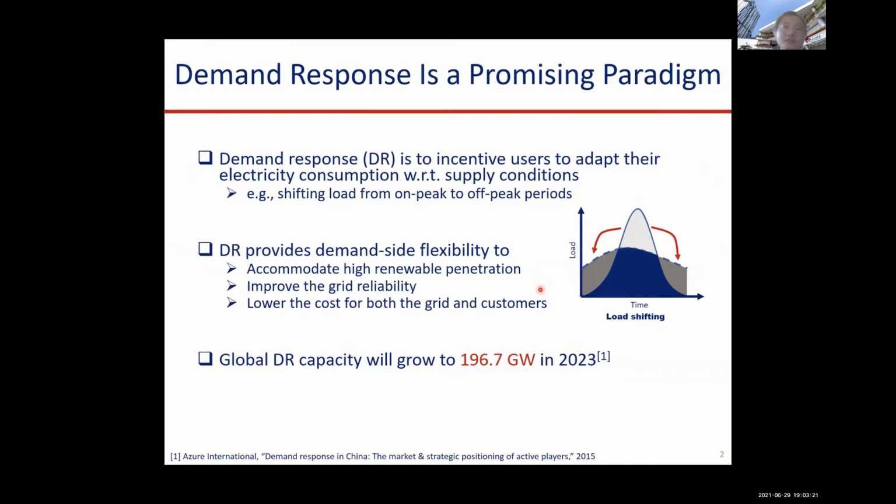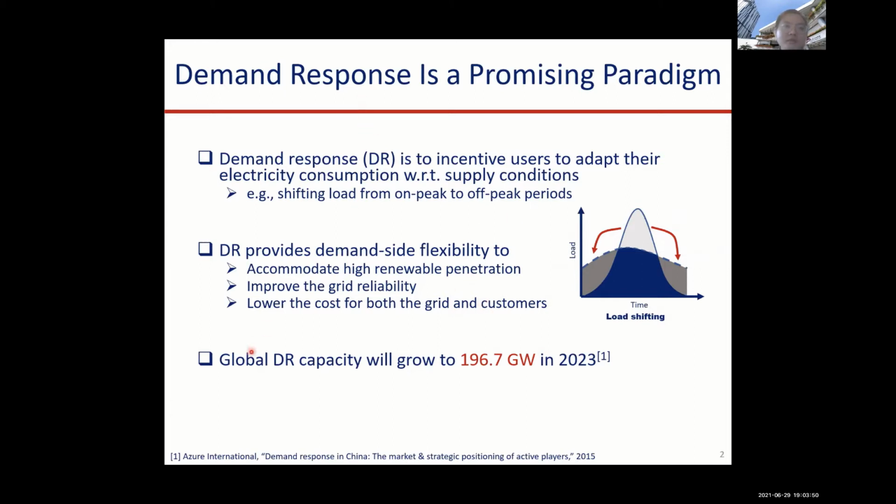Demand response is a promising paradigm for future power systems. It benefits both the supply side and the demand side. The core idea is to incentivize electricity users to adapt their power consumption behaviors in response to supply conditions. For example, users may shift the load from on-peak hours to off-peak hours to get a smoother load curve, which the supply side can easily track.